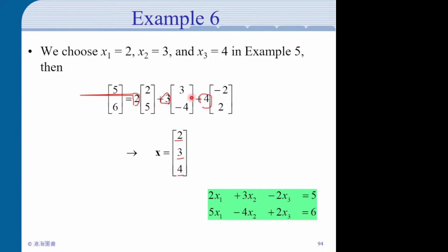Here we actually write a solution. So x1, x2, x3 is the solution, and hopefully the solution is correct. You add those linear combinations of vectors together, and you should get this 5, 6. And that means that x1, x2, x3 being 2, 3, 4 is the solution.